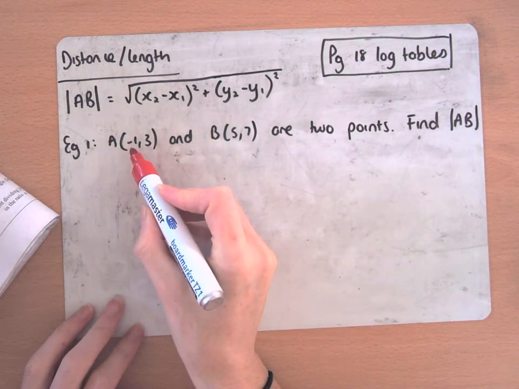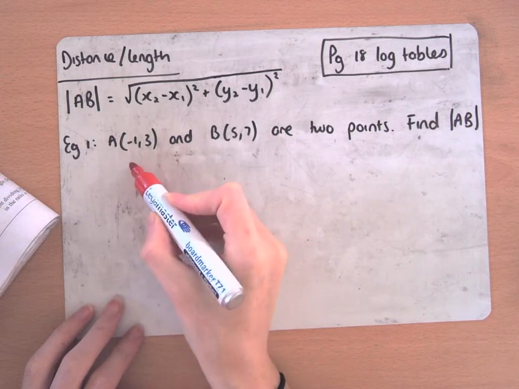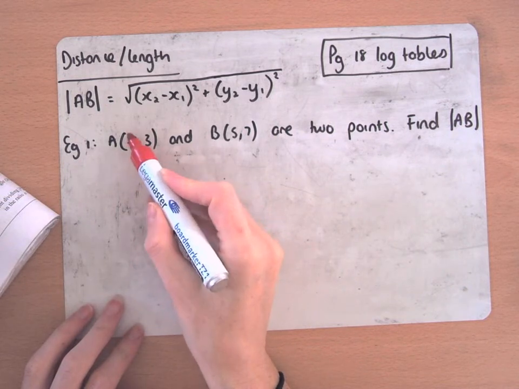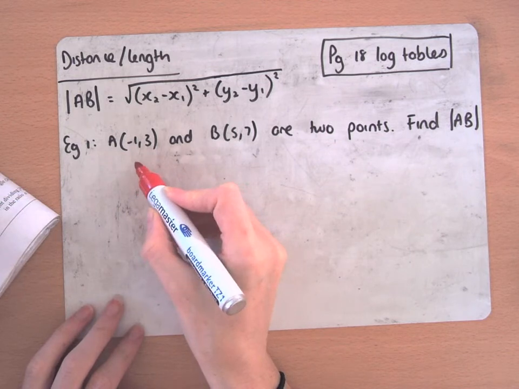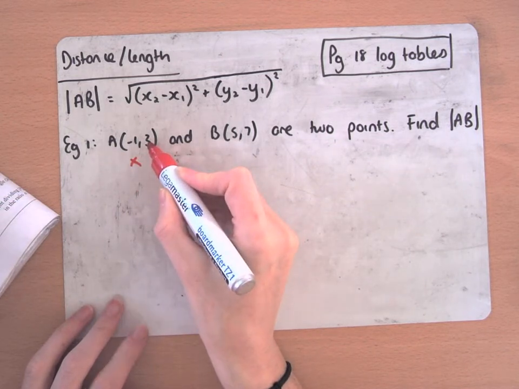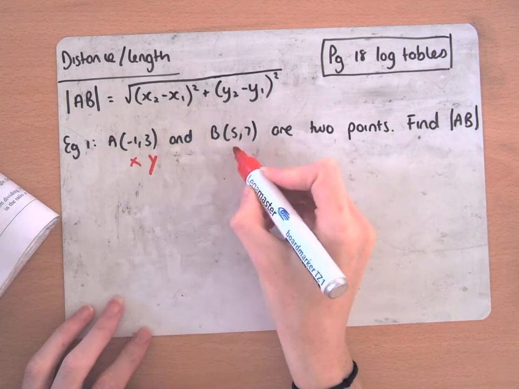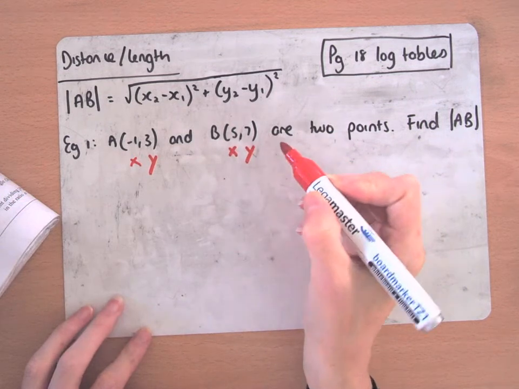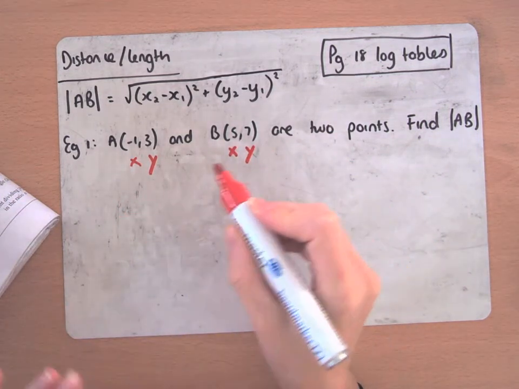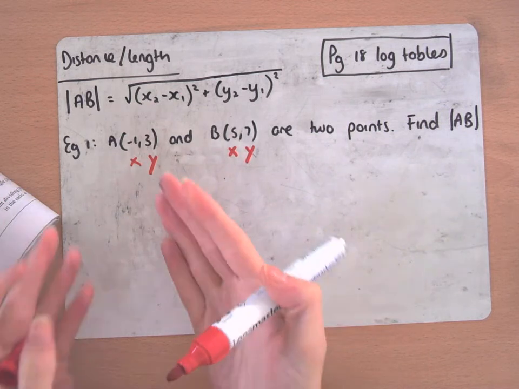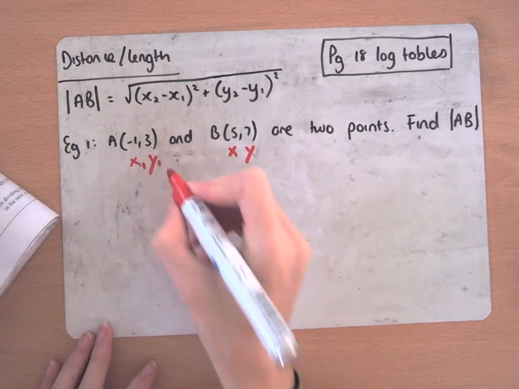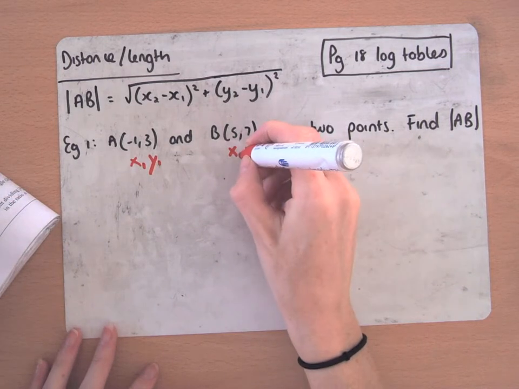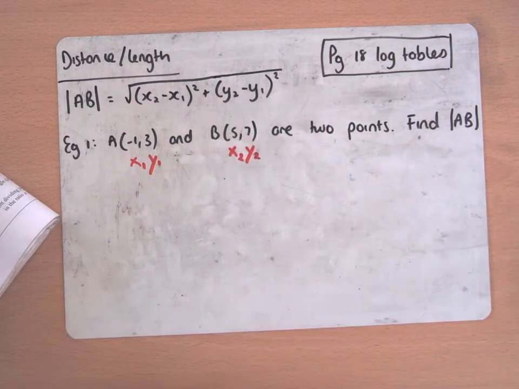If I was to label this, what letter does -1 stand for? X. And what letter does that stand for? Y. And same over here, that's X and that's Y. But to differentiate between them, I have to say this is the first X and the first Y, so X1, Y1. And this is the second X and the second Y, so X2, Y2.